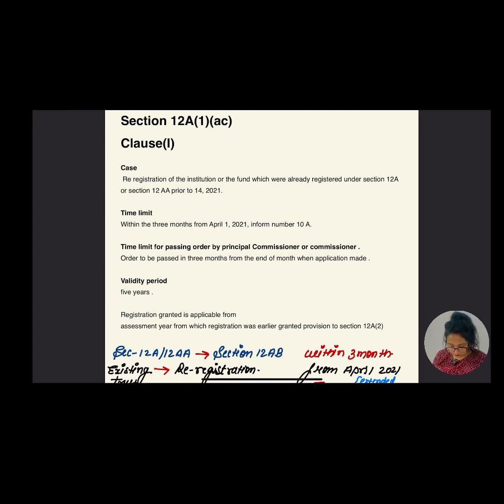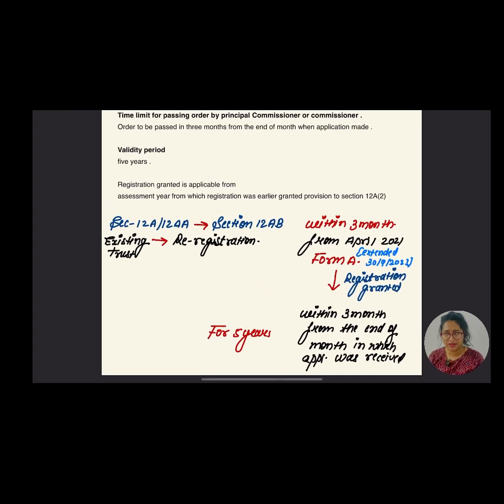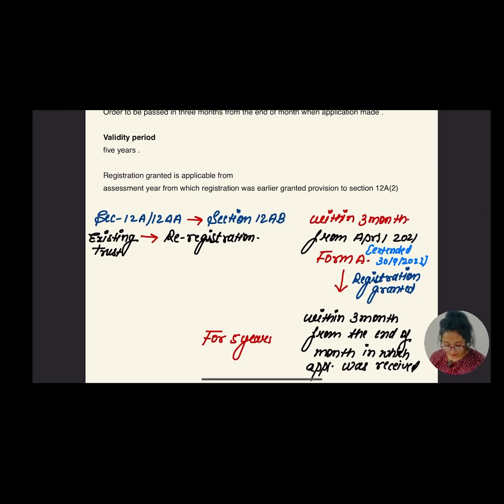First of all, I have made it in very simple language, okay, so let me clarify that. Later on we'll go to the legal wording, okay. What is this law saying? So section 12A, if the trust is already registered under 12A or 12AA, okay, as I told you, what if the trust was already registered? In that case the existing trust has to get re-registration, in which section? Under section 12AB. So is there any time limit for doing this re-registration?